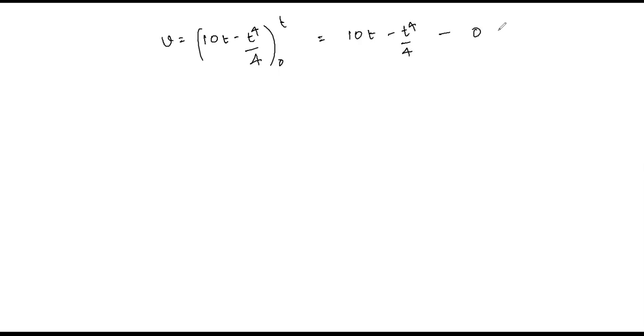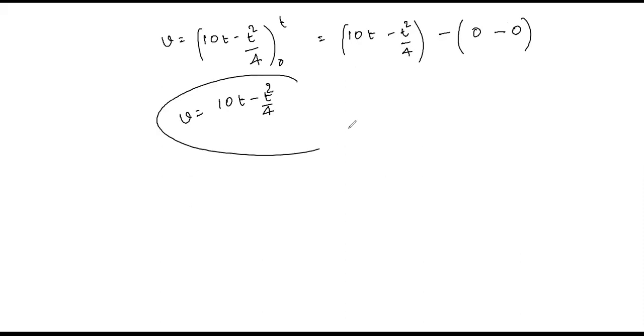So we'll have t squared by 4 minus 0 minus 0, correct? So we got velocity as 10t minus t squared by 4, correct? Yes, sir. After this, now we have got the first answer.